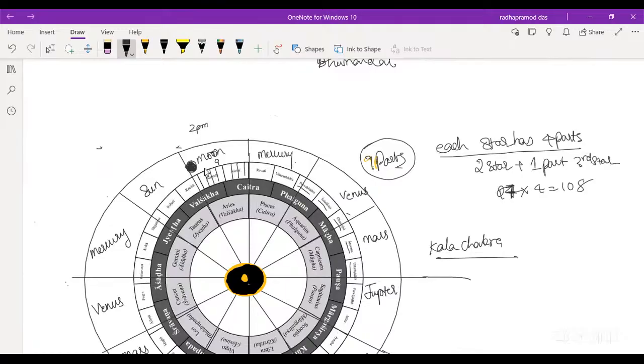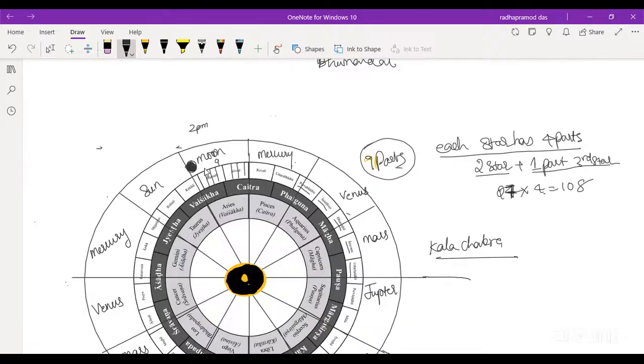There are 9 parts for each Rashi, and each star has 4 parts. So 9 parts means two stars plus 1 part of the third star. Yes, Prabhuji. Based on the position of the moon they are calculating.